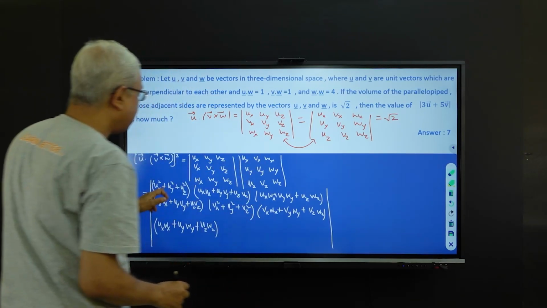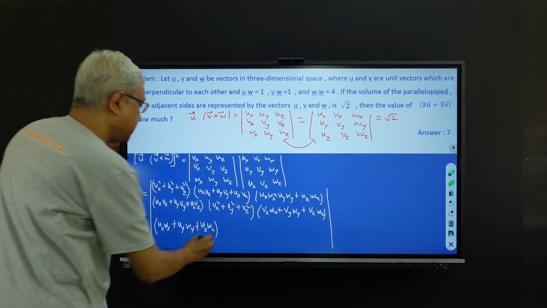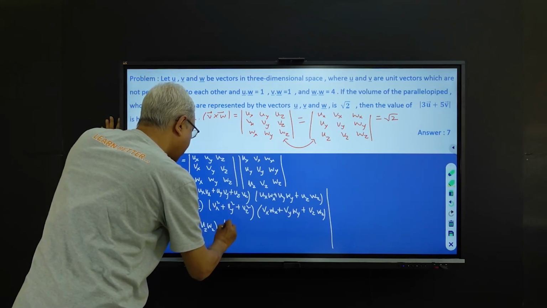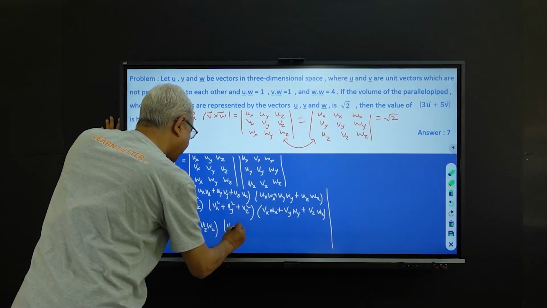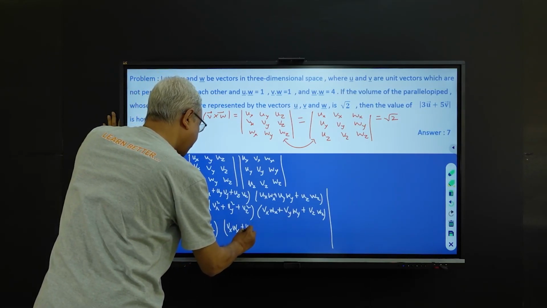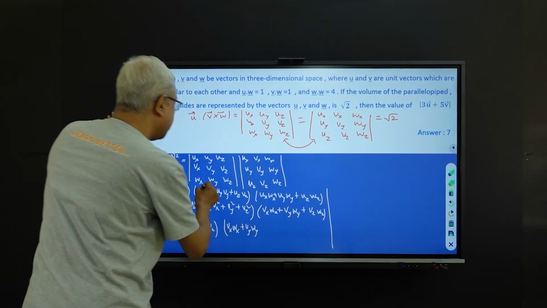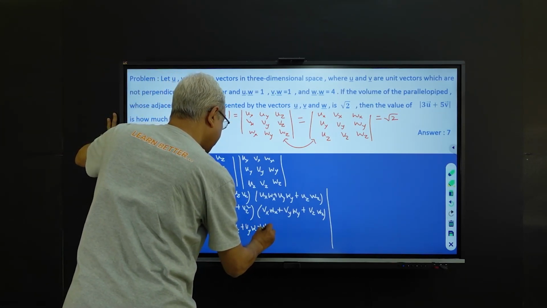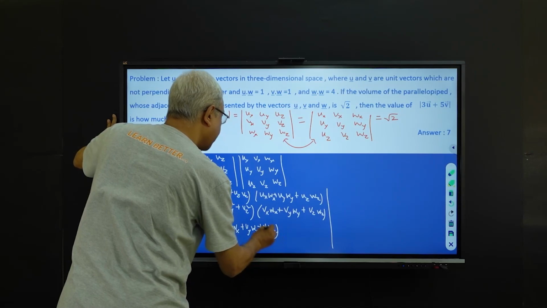Then third row, second column is Vx Wx plus Vy Wy plus Vz Wz.